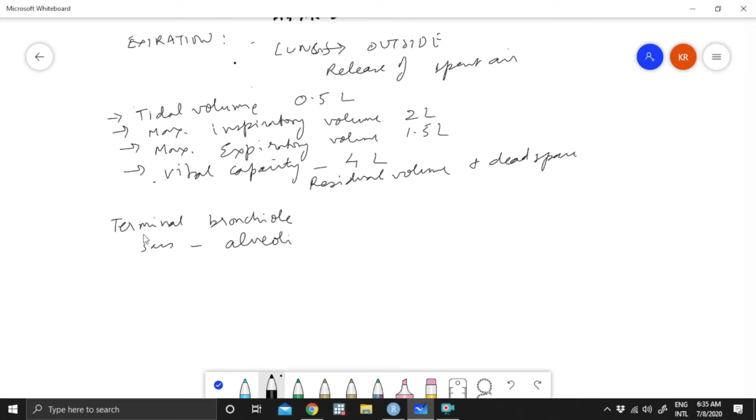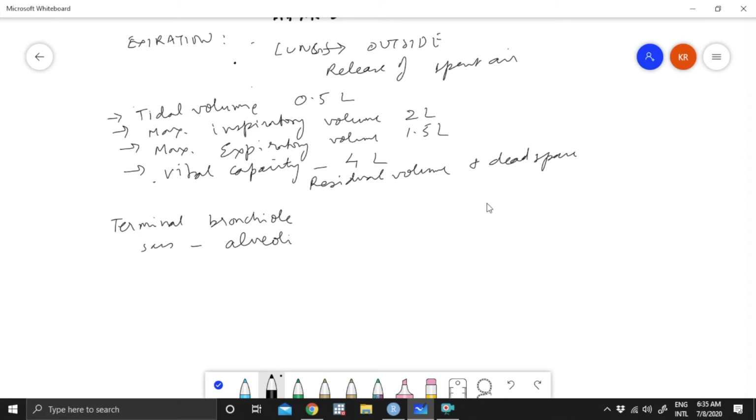So how did the terminal bronchiole come by? See, the bronchus divides. There are 2 bronchi. Each bronchus will divide, primary, secondary, tertiary, like the trunk of a tree. These tertiary bronchi will again divide into finer tubules called bronchioles, and ultimately divide into a terminal bronchiole.